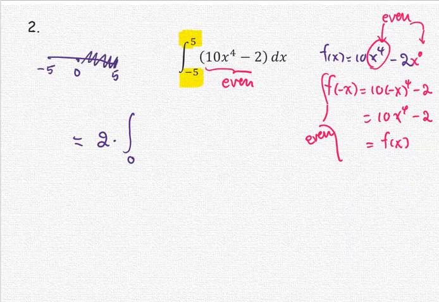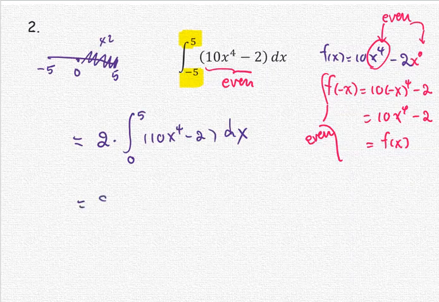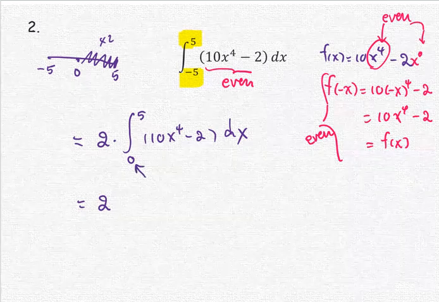You just find a half and multiply by 2. So evaluate from 0 to 5 of 10x to the fourth minus 2 with respect to x. This time, for the even function, it is not 0. So you have to work on it, but just make it less complicated when you work on the algebra part.